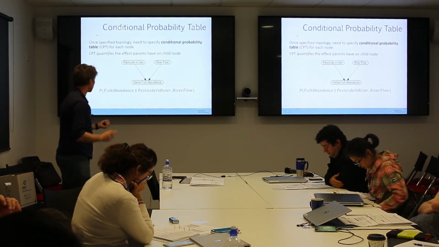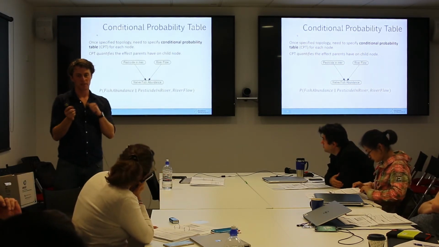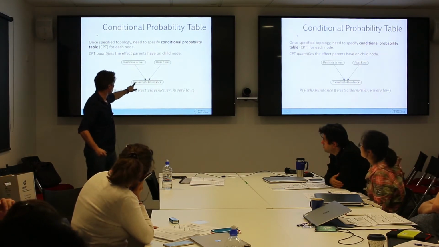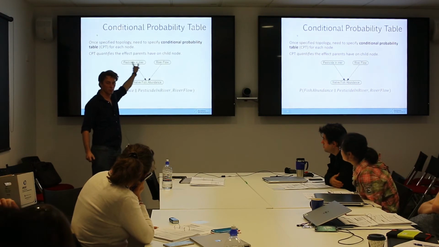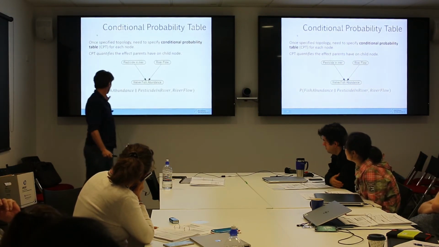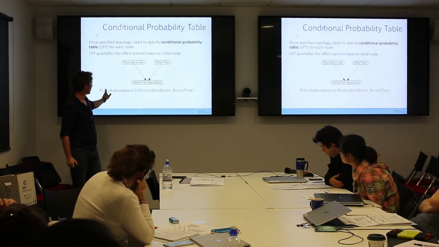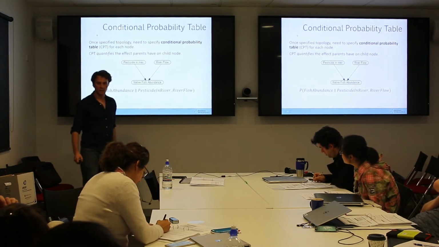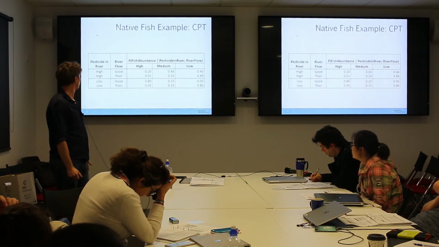Our CPT quantifies the effect of parents on a node. In this particular case, down at the bottom, native fish abundance is directly influenced by pesticide and river flow. So we have the conditional probability table for fish abundance given pesticide and river flow.